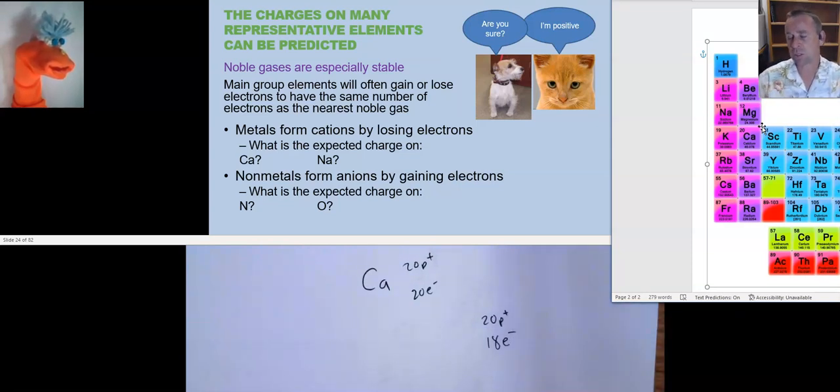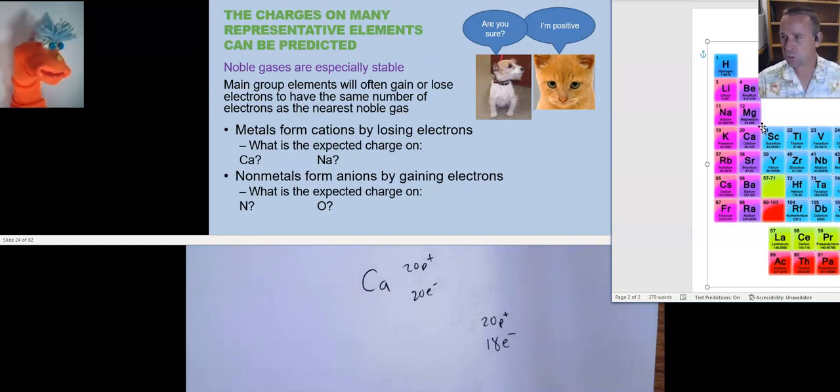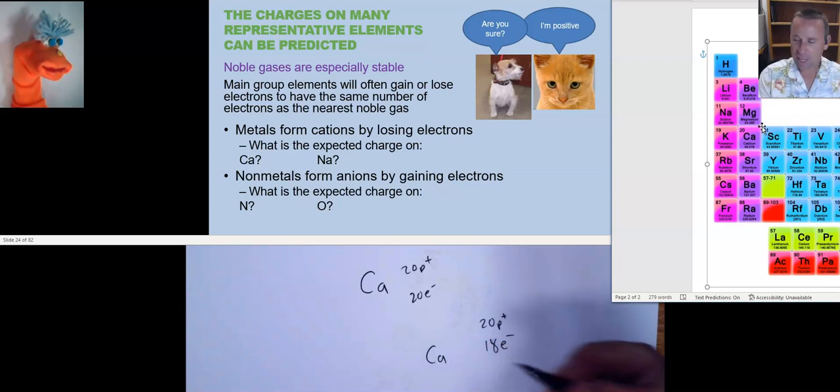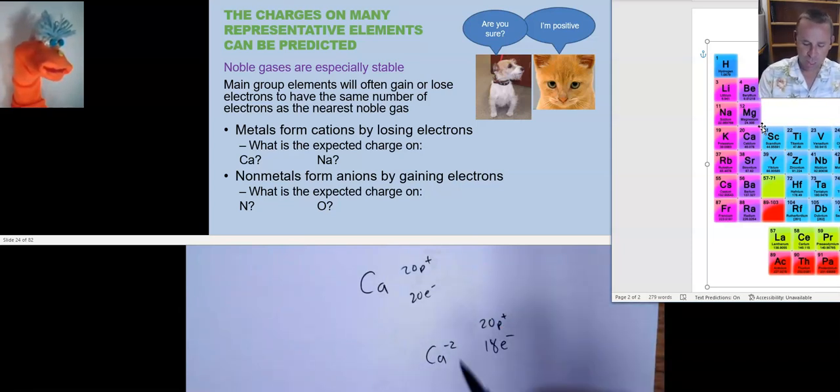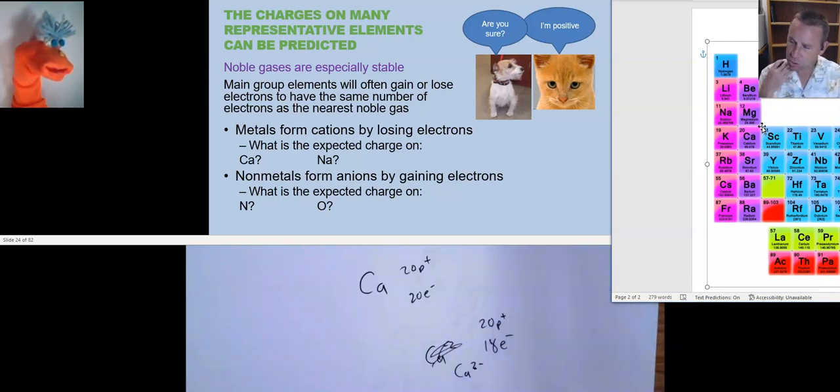I've lost 2 electrons. Now, when we lose 2, in your mind, you think, oh, minus 2. And so you want to put a minus 2 up here. But the charge is trying to show you that there is a net charge because of this imbalance between the number of protons and electrons. So the calcium ion is actually going to be a 2 plus charge.